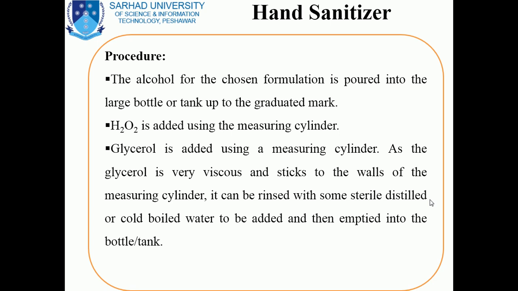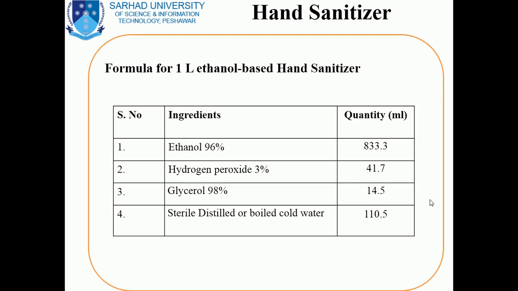Remember that the formulation is for 1 liter, and we can enlarge or reduce the formula. If we are interested to take 500 ml, we will divide the 1000 ml by 2, we will get 500 ml, and all the ingredients will be divided by 2.